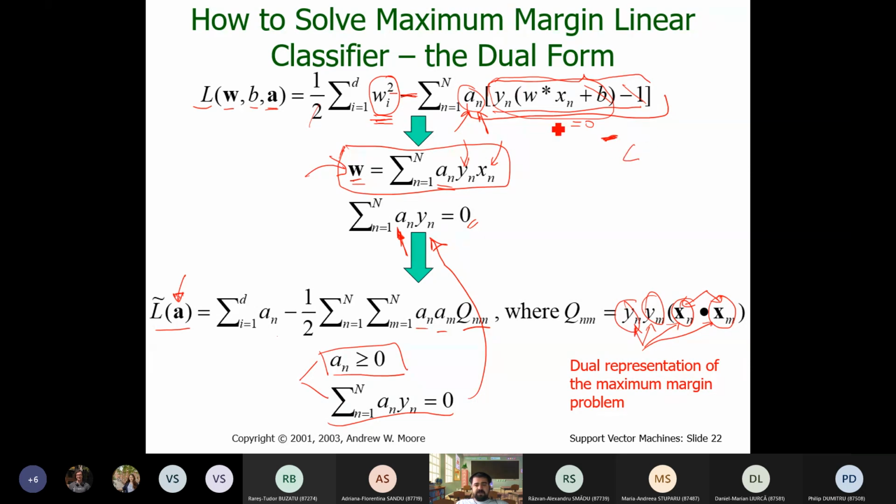If the point is incorrectly classified, this will be negative, -1 will still remain negative, and this should be added as an error to the weights, and this is why we have this minus here, to increment the loss that we might have.